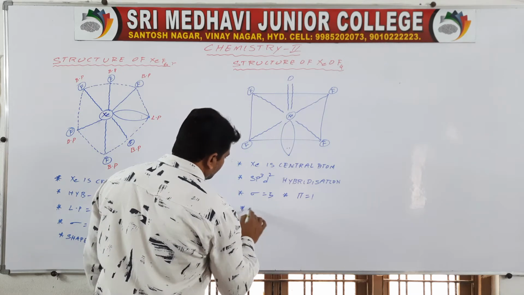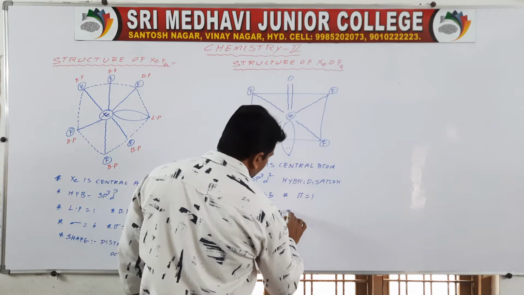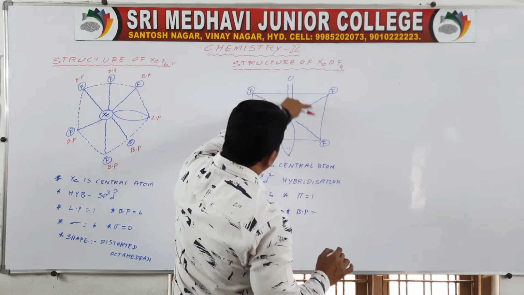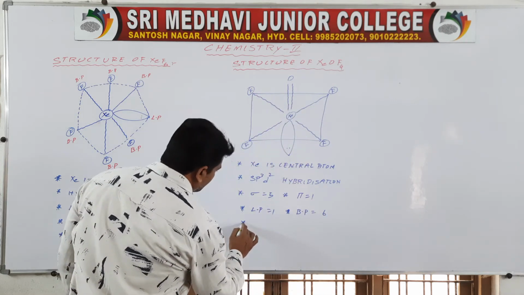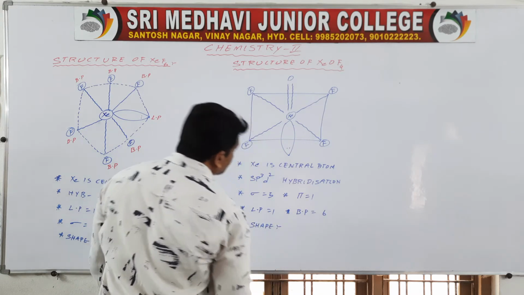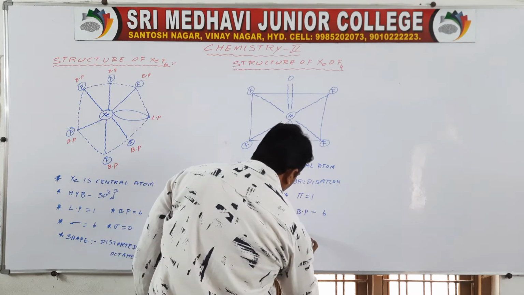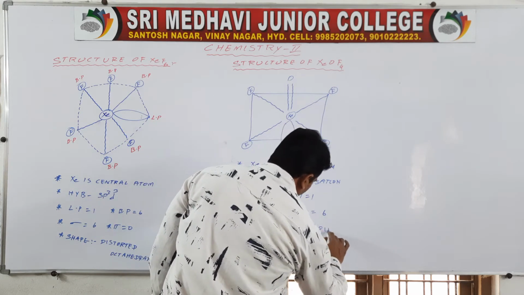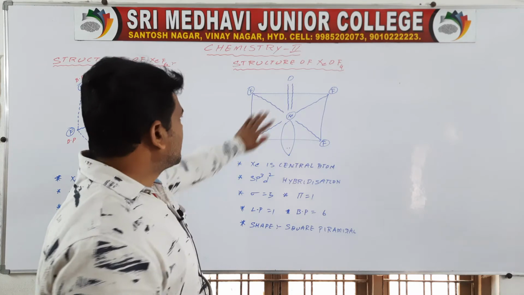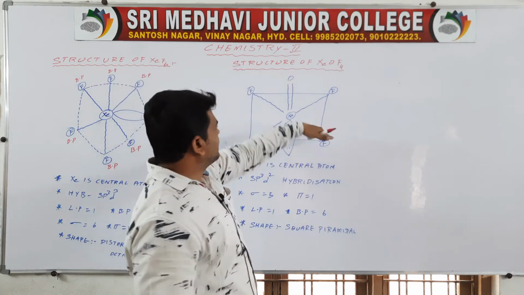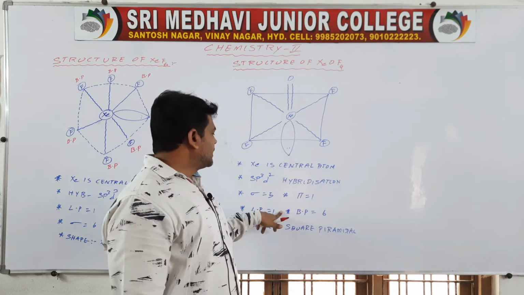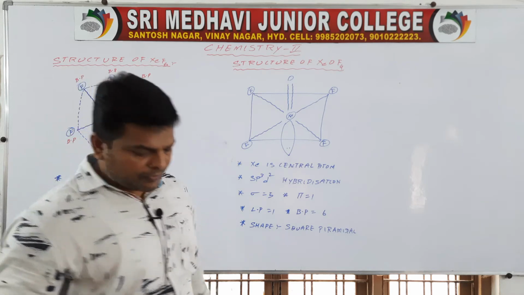Then a lone pair equal to 1, then bond pairs equal to 6. Then the shape of the molecule is square pyramidal. If it is a pyramid with a square base, then it is square pyramidal. Okay. Here it is the structure of XeOF4.